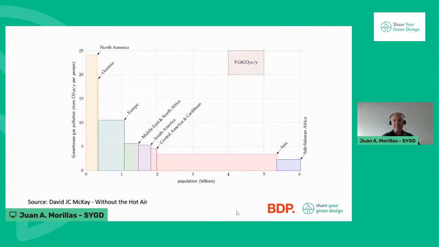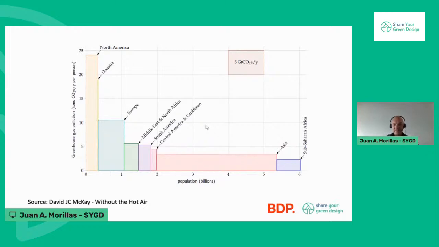If we look at it in more detail, again, this is an extract from the same book, not all the regions in the world are emitting at the same level, because 5 is the average. If you look here on the bottom side, there are regions like Asia and sub-Saharan Africa that are emitting below that 5, and there are others here on the left that are emitting above, which is also important for the context.